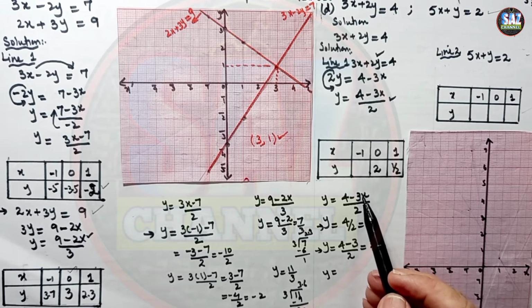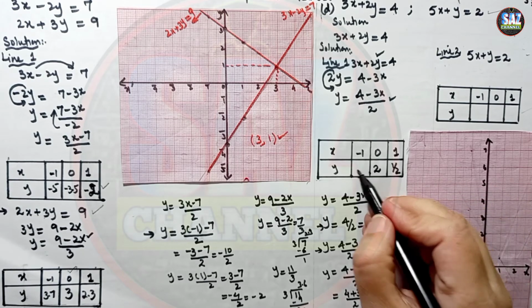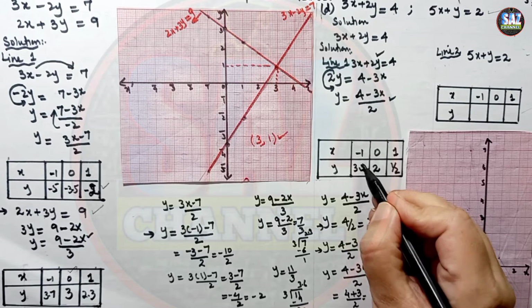When I replace x by minus 1 here, it is 4 minus 3 times minus 1 upon 2. Minus multiplied by minus is plus, and it will take the form 4 plus 3, 7 over 2, which is equal to 3.5.